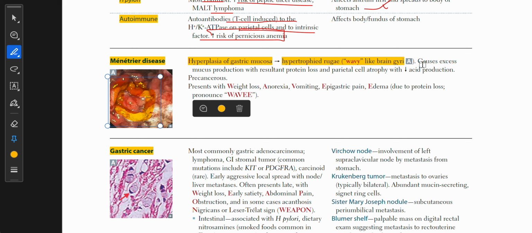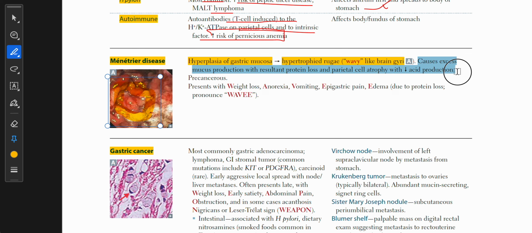It causes excess mucus production with resultant protein loss and parietal cell atrophy with decrease in acid production. That is what happens, and it is a precancerous lesion.